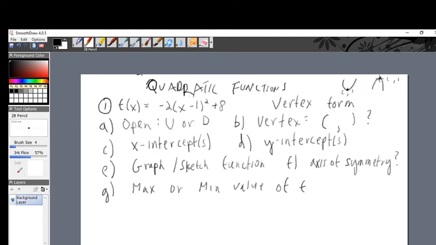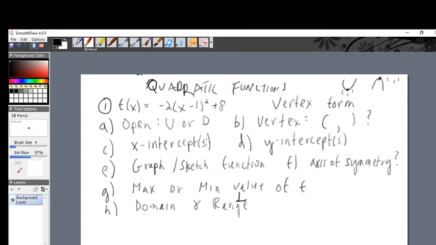If it opens downwards, it's going to have a maximum. So you can see in advance where that might be going. And finally, after G comes H, determine the domain and the range. That's my symbol for AND. There we are. So there's our 8 questions. We would like to answer some of them.